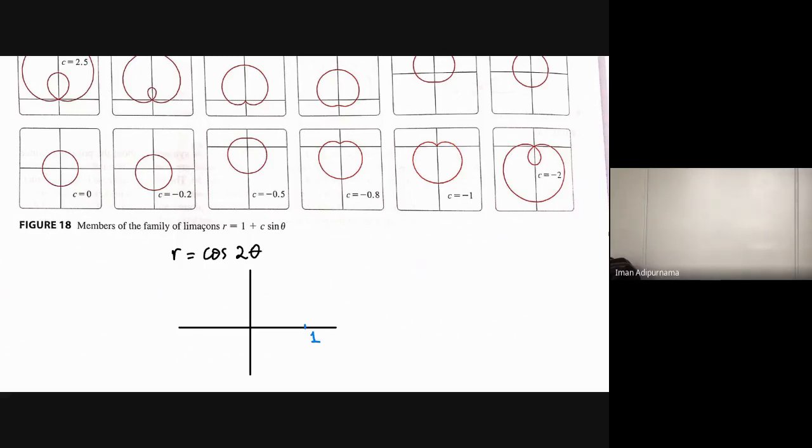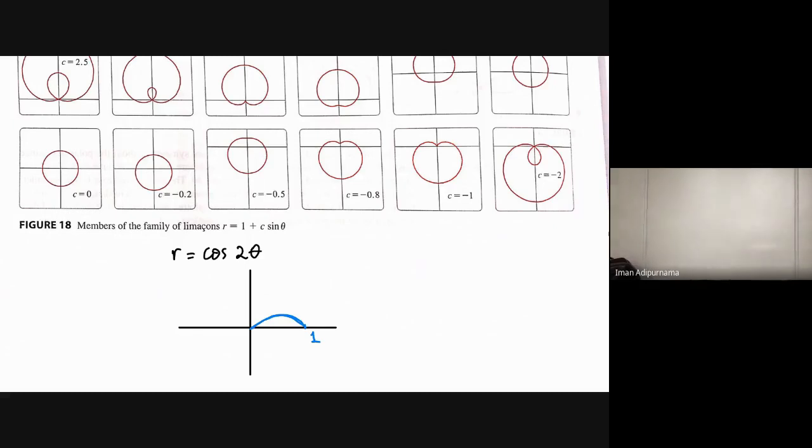we will have some point here. And eventually we get theta equal pi over 2, right? Cos pi over 2 is 0. So it will be going back here. Okay. So we can draw like that.